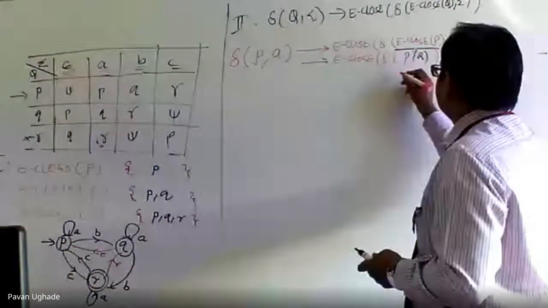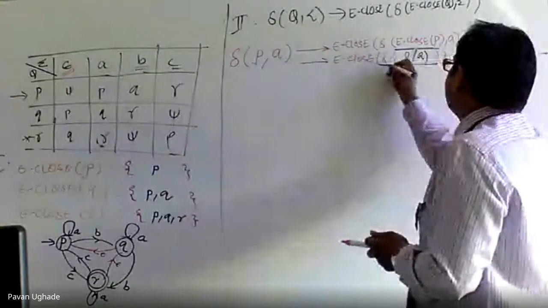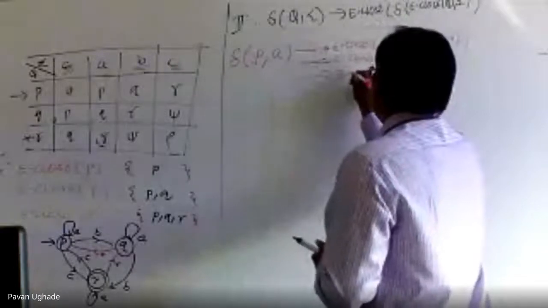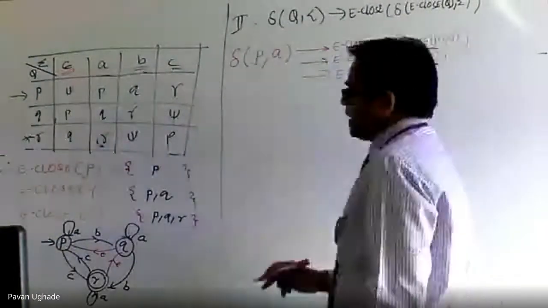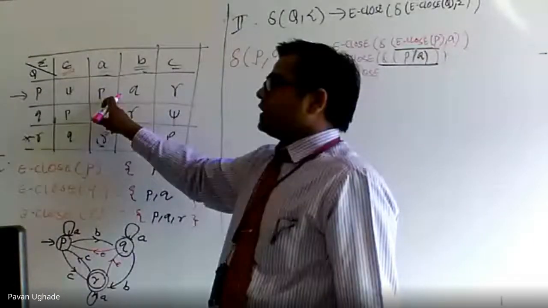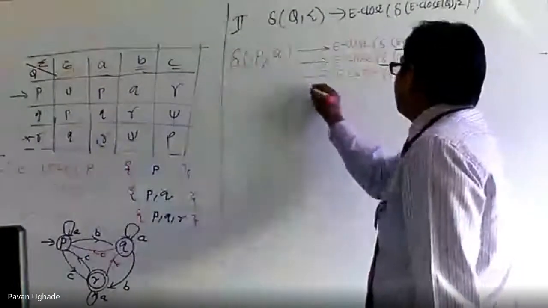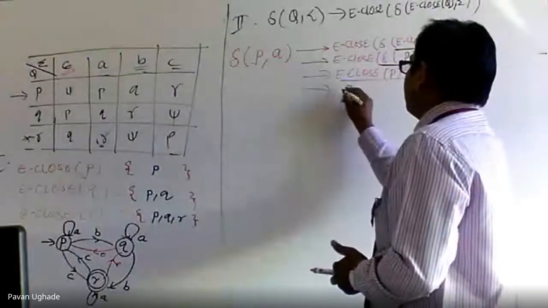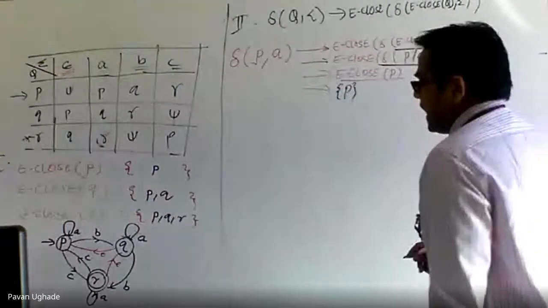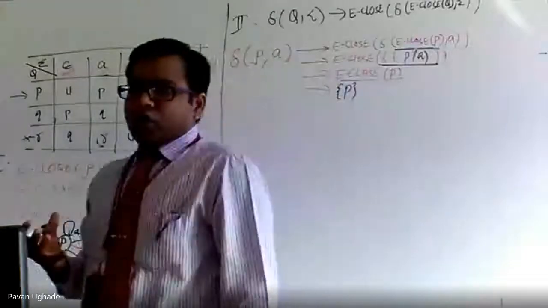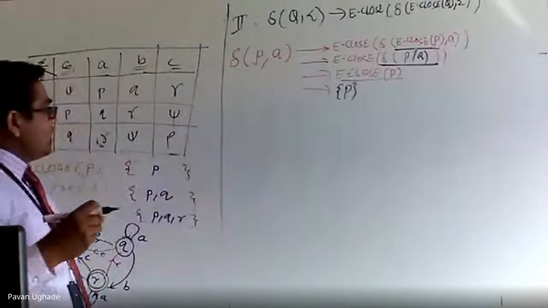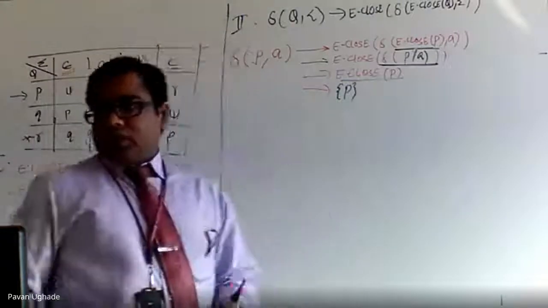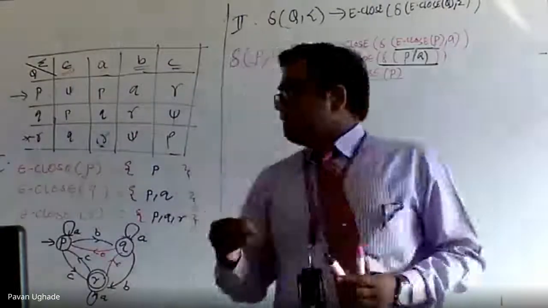Comma A. Now, the next step is we will be getting the transition function P over A. So we will be writing epsilon closure of P over A. P over A is P only. Once again, epsilon closure of P is P. As I have suggested earlier, we will maintain one Q in which we will see whether there is a new introduction of a new state. If a new state is added, we will put it into the Q.